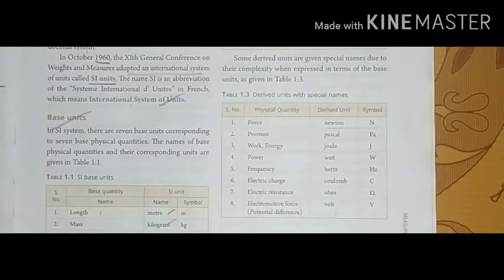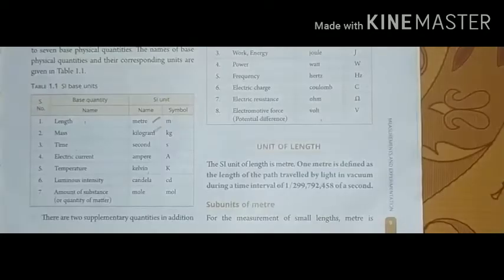Now some units we will study. Unit of length.